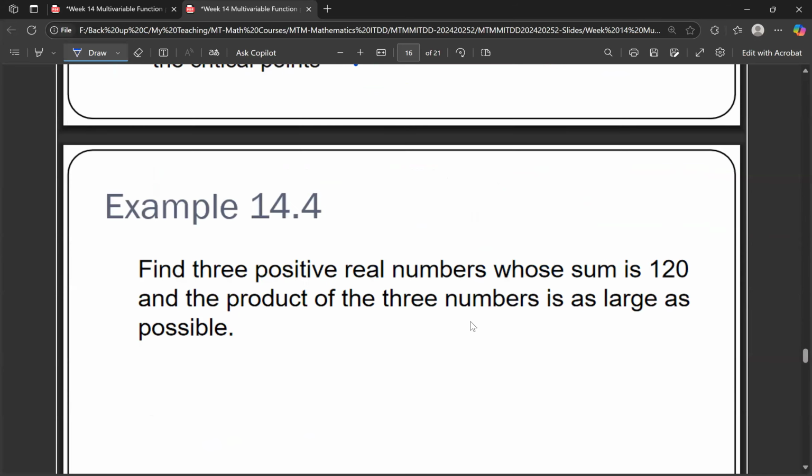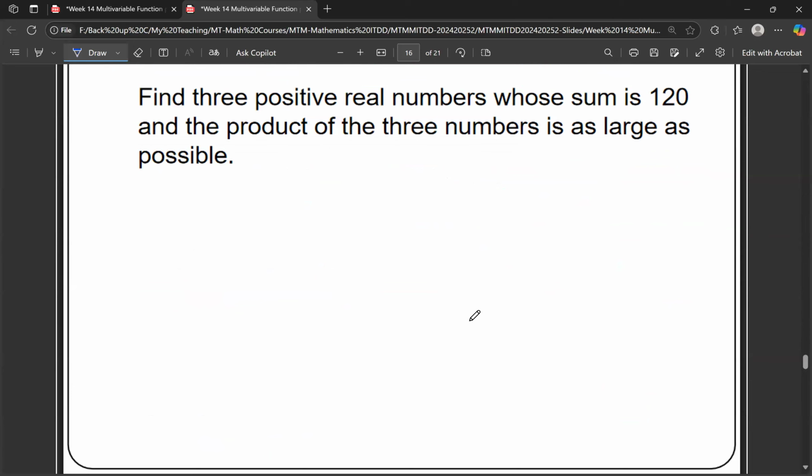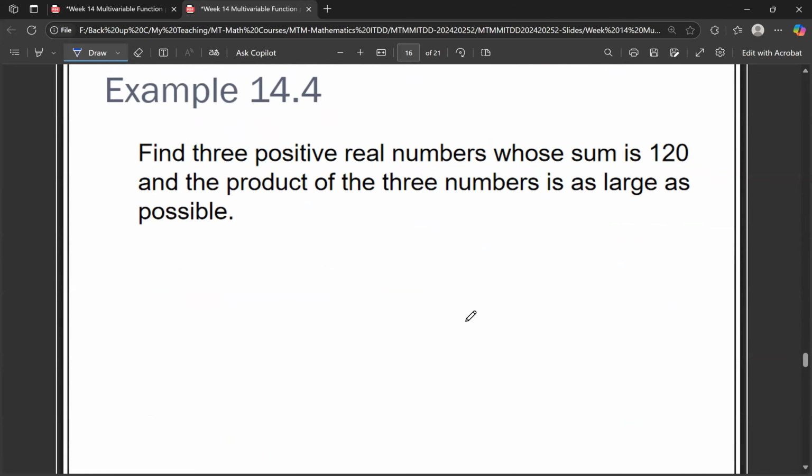Okay, after we get it, for example, here we have three positive real numbers whose sum is 120, and the product of the three numbers is as large as possible.